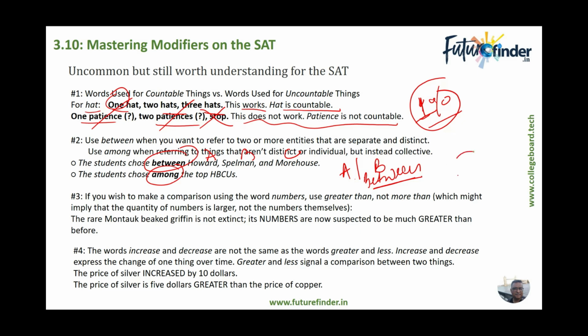But if there is a group wherein you don't have distinct individuals, it is going to be among. So students who chose among the top HBCUs. These are not distinct A, B, C type, so there we actually use an among.